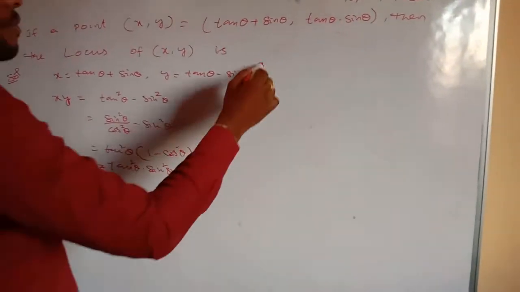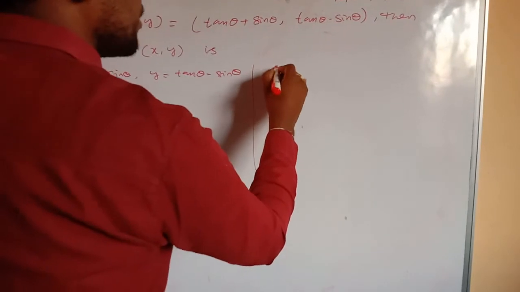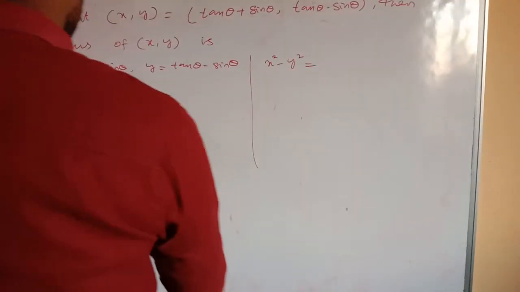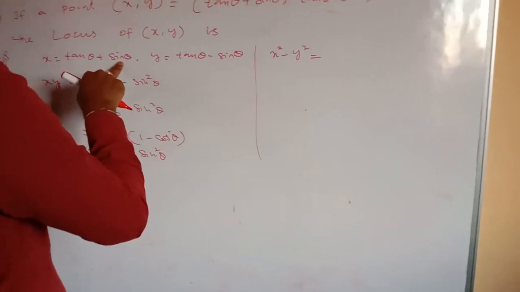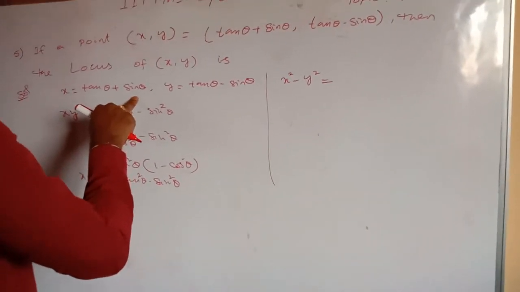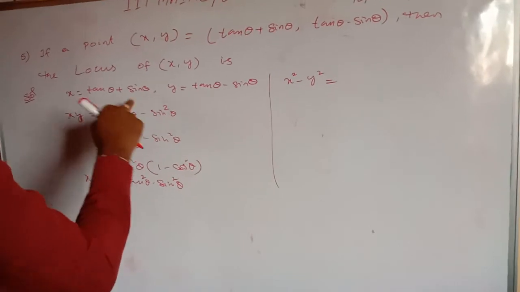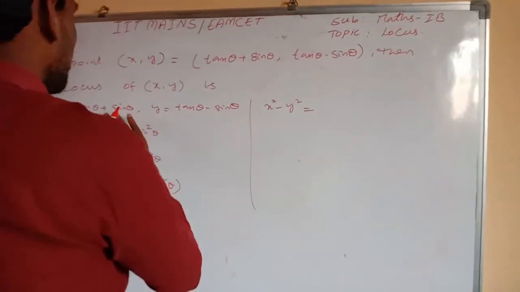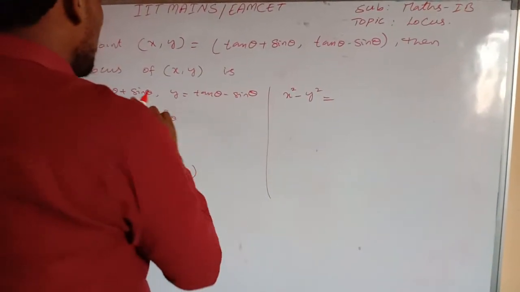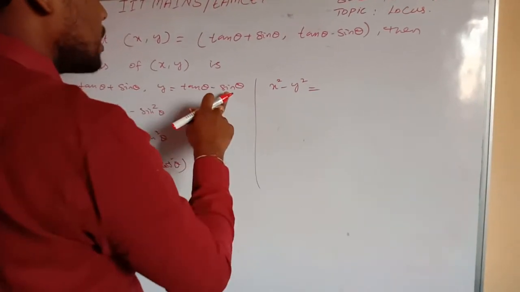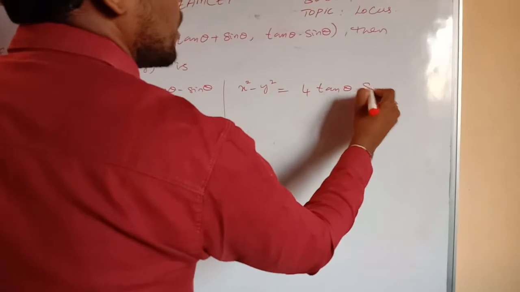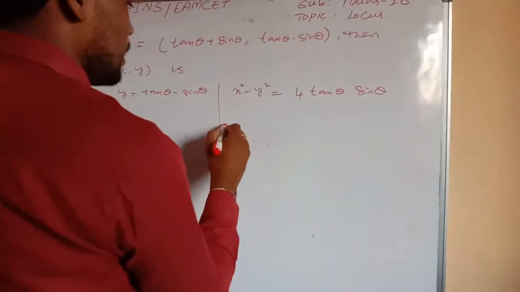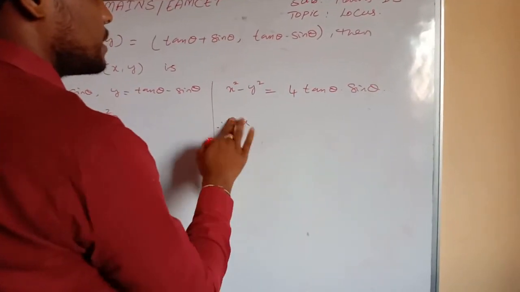And now find x square minus y square. This is x square, a square plus b square plus 2ab, that means plus tan theta. Now x square minus y square: the square terms cancel out, the remaining is plus 2ab, and this is 4 tan theta sin theta, and again squaring on both sides.